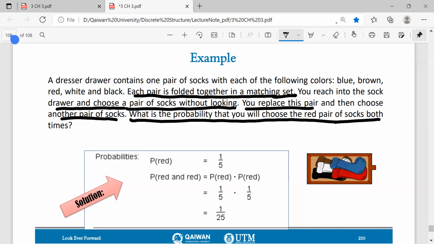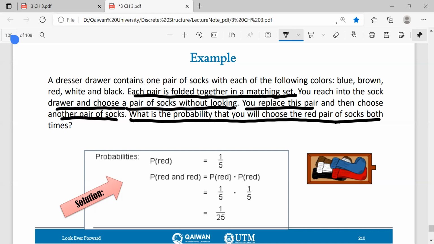Here we have 5 pairs of socks. You're going to take one at random, then you return it, and you take another one at random. For the first time you took it from 5 pairs of socks. You take one.